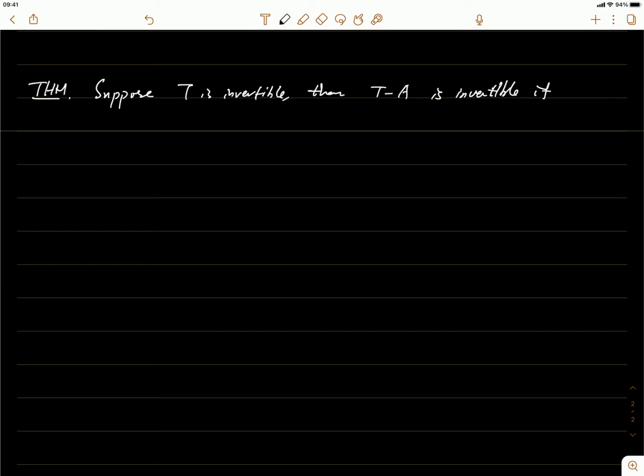And the condition is that the magnitude of A, or the norm of A, I should say, is less than 1 over the norm of T inverse. Okay, or in other words, A belongs to the open ball centered at 0 with radius 1 over the norm of T inverse.